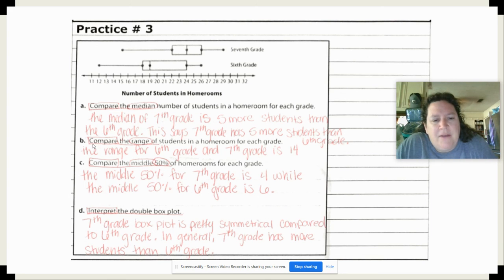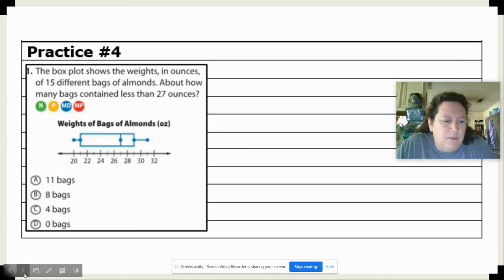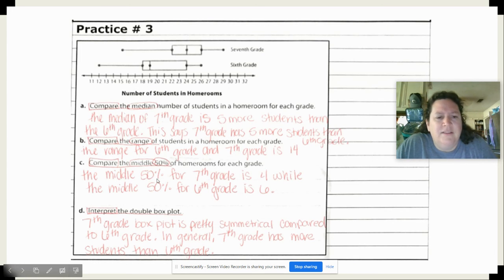C says compare the middle 50% of homeroom in each class. Well, the middle 50% is what? It's my IQR. My IQR in a box and whisker plot is in the box. The box is the IQR. Oops, it went too far. I touched it. So the middle 50% for 7th grade is 4, while the middle 50% of 6th grade is 6.